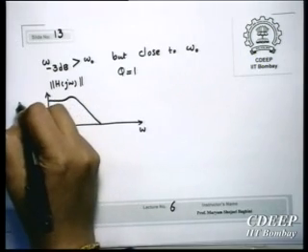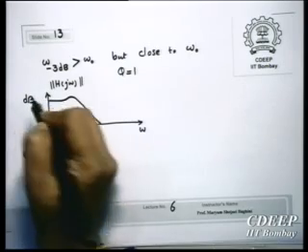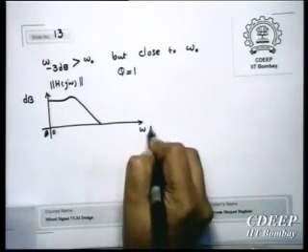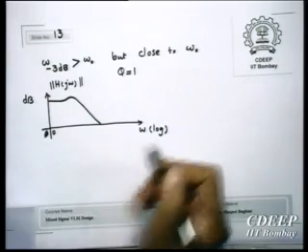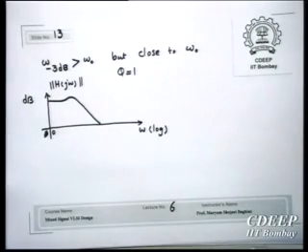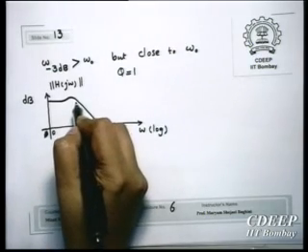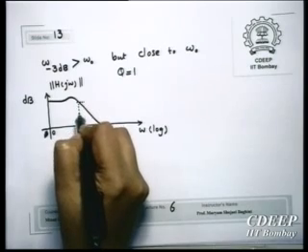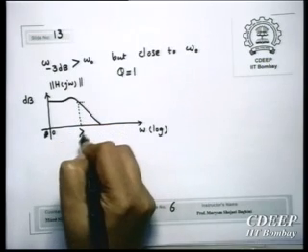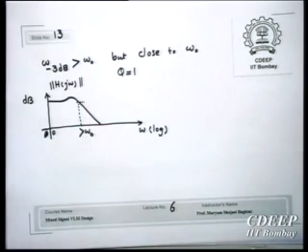So this is dB, and this is omega in log scale. Therefore, 0 means omega is equal to 1. So there is a peaking, and the minus 3 dB frequency will be somewhere here, which is greater than omega 0.